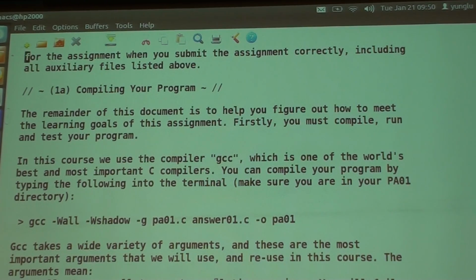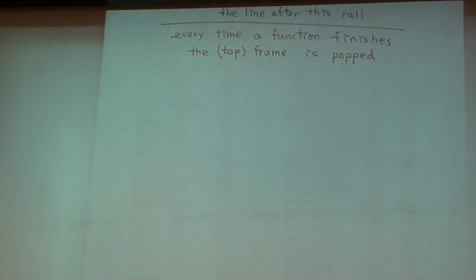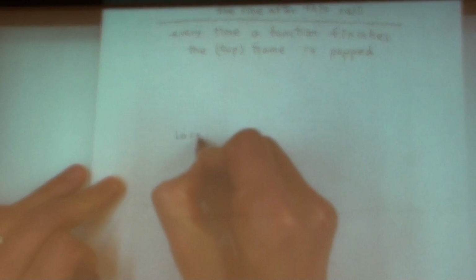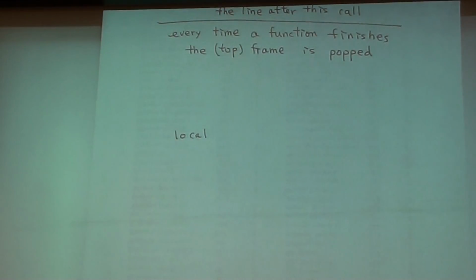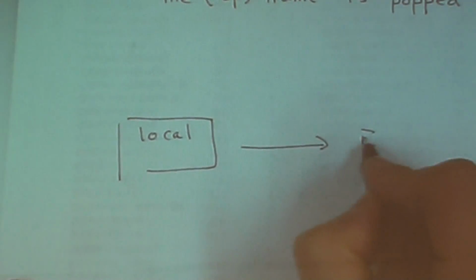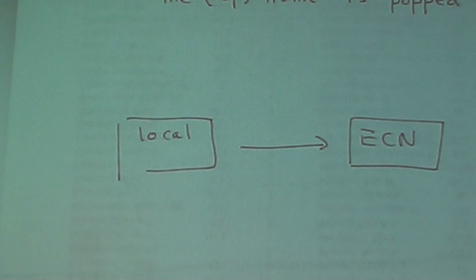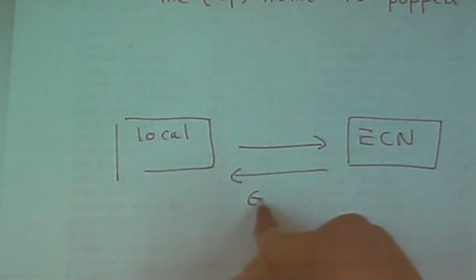I'm using Windows. So his question is, if you have your local machine, the machine you are typing on, and you connect to an ECN computer, do you get a graphical user interface? You get a graphical user interface.